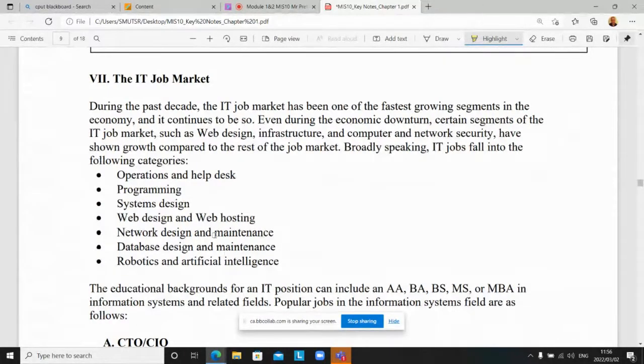I'm going to pause there in the chat box, guys. Anybody have an example of that? In accounting. You guys bored?